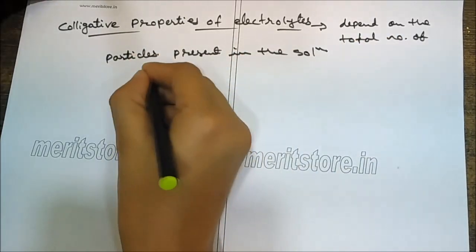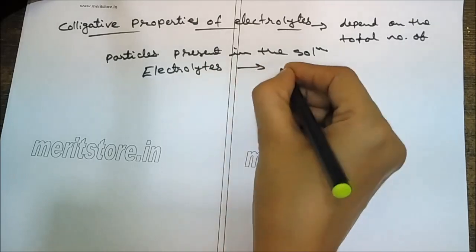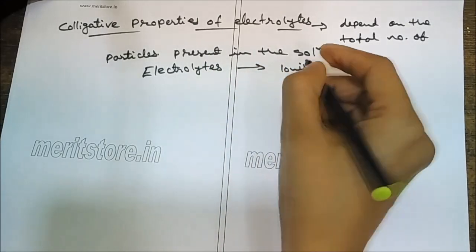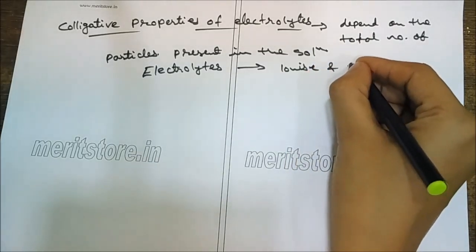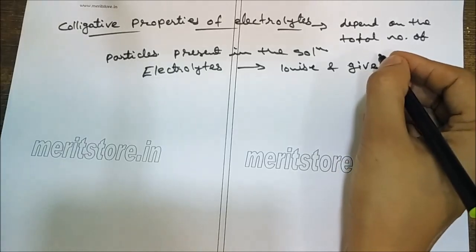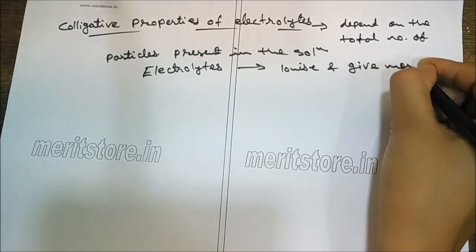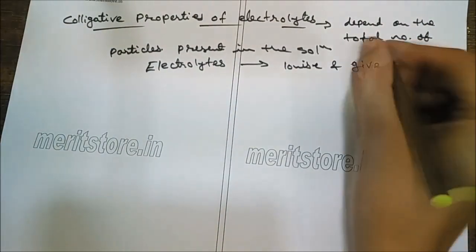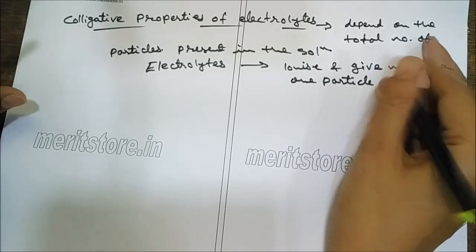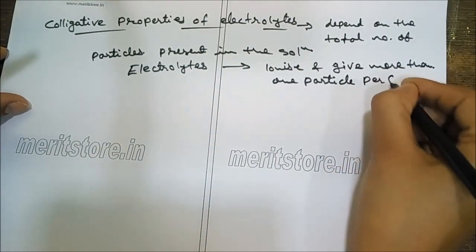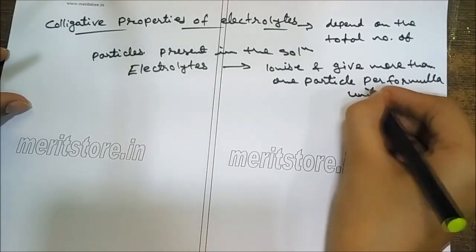As we know that electrolytes get ionized in the solutions and will give more number of particles, and non-electrolytes give one particle per formula unit in the solution.